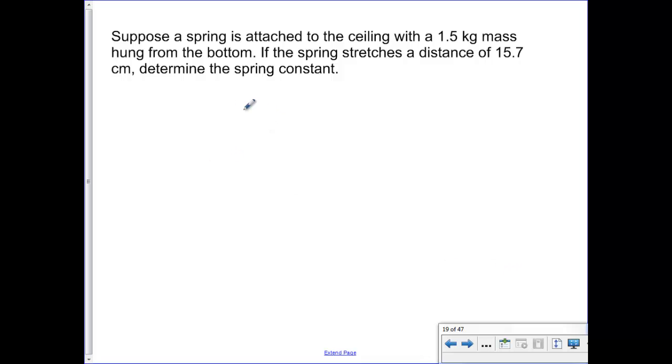So let me just draw a picture here to start with. Here's your ceiling. And then here is going to be like your, I'm going to draw a spring just because a spring is easier to draw. Do I care how far the spring normally stretches on its own? The answer is no. The elastic was normally however far it was. I don't care what that number is.